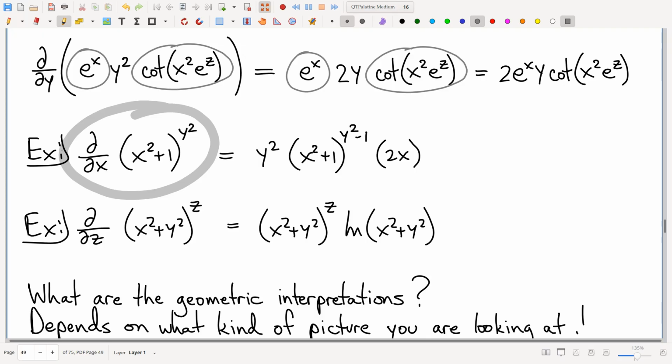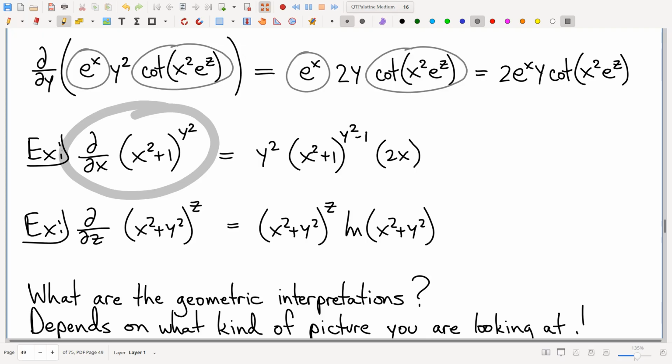A lot of students come into this class maybe not really knowing how to do trig substitutions, for example. So I've got one on trig substitutions. A lot of students come in not knowing logarithmic differentiation. So I've got one there on logarithmic differentiation. So anyway, I encourage you to take a look at those.